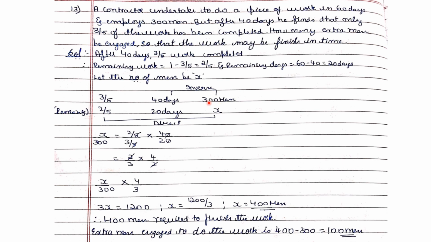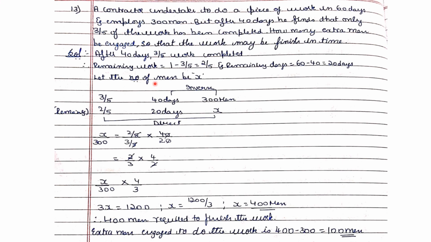So here it is 40 days. Within 40 days, 300 men are required to complete the work. To complete within 20 days, you require more men. For 40 days you require 300 people, but to complete within 20 days, you require more people.